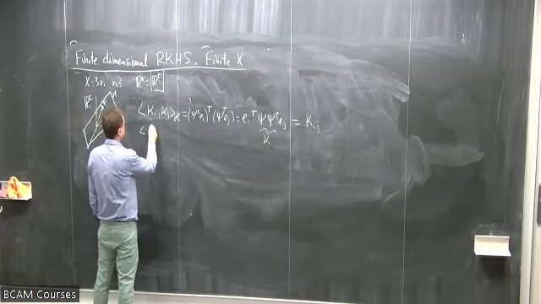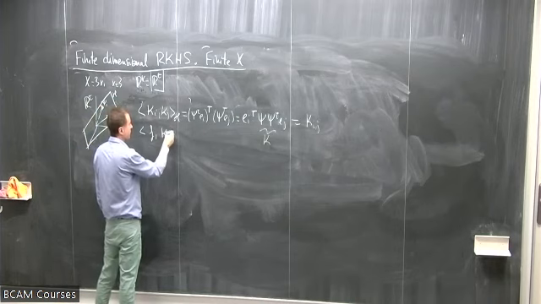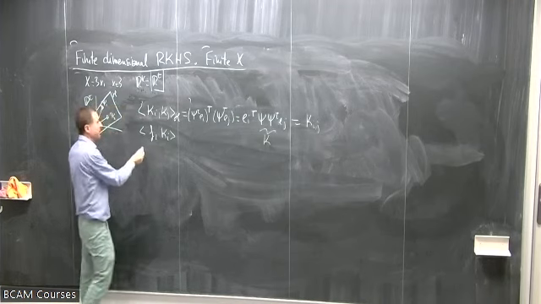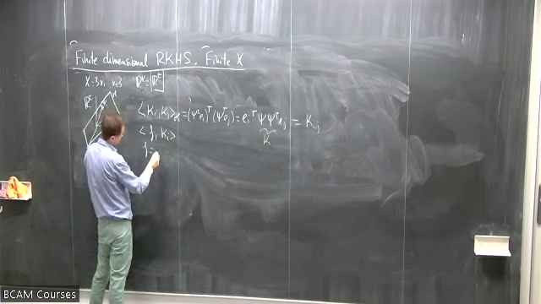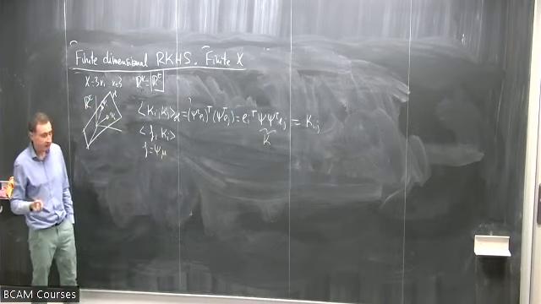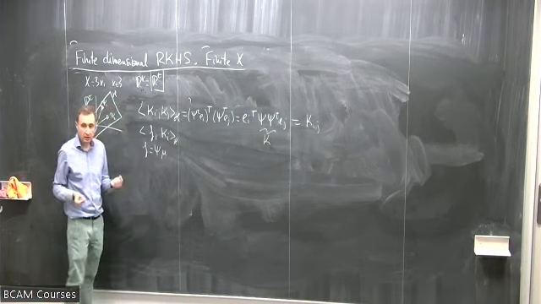What happens if I pick a general vector in H and I do the inner product with one of the sections? So I pick a general element in H. A general element in H is given like this, and I'm going to do the inner product with one section.